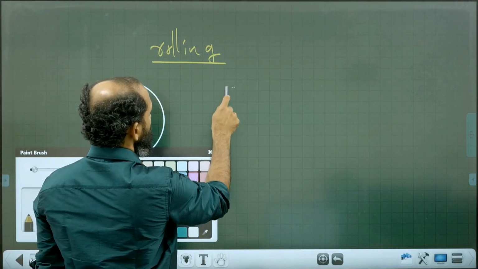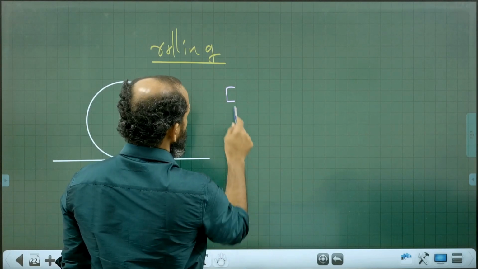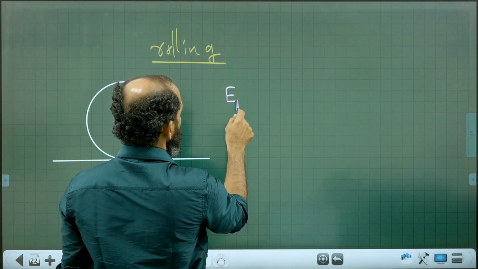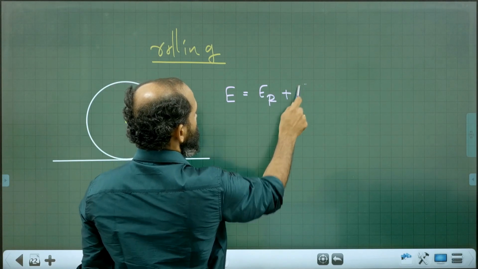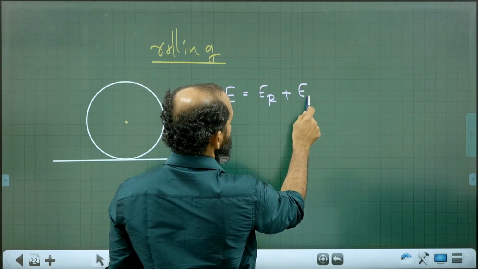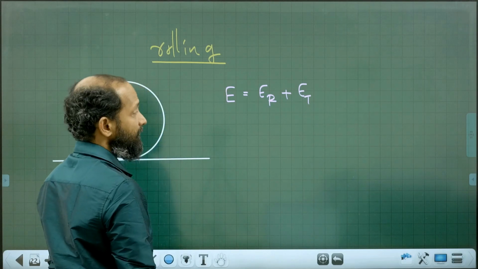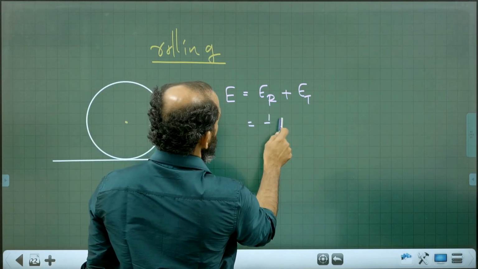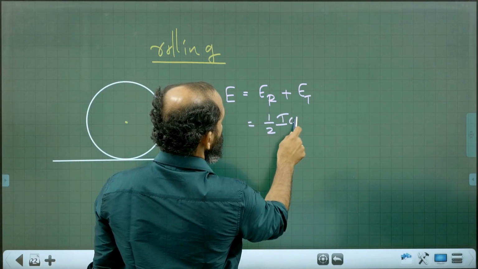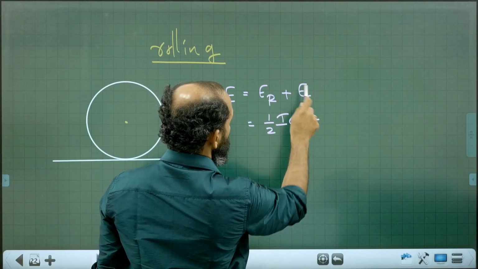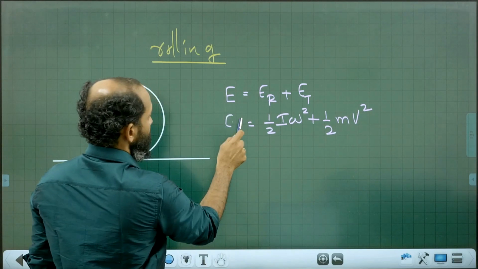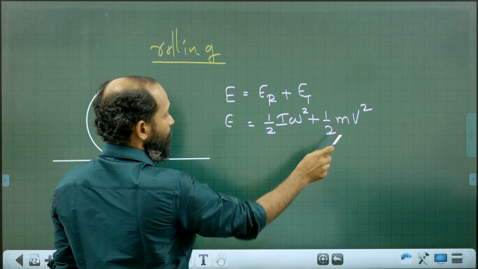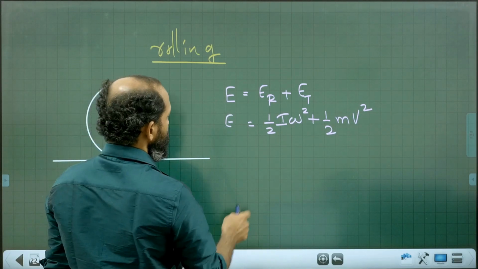So the total kinetic energy of rolling is equal to the kinetic energy of rotation plus the kinetic energy of translation. Kinetic energy of rotation is half I omega square. Kinetic energy of translation is half m v square. Okay, this is the total kinetic energy of a rolling body.